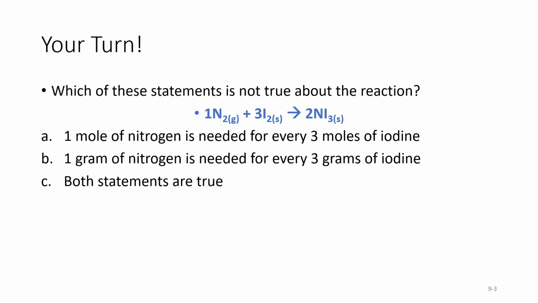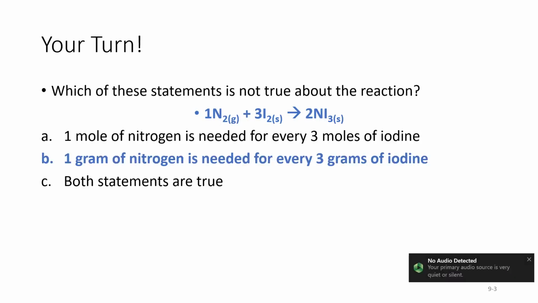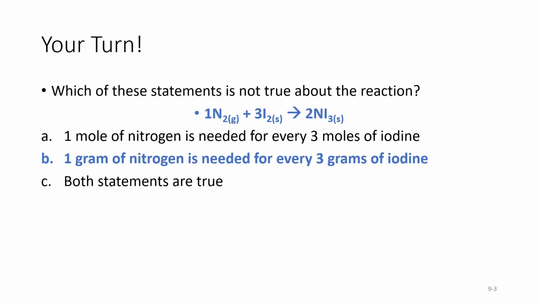So which of these statements is not true about the reaction? Okay, so 1 gram of nitrogen is needed for every 3 grams of iodine. That's not true. As you recall, a mole is a set quantity of atoms within the substance.